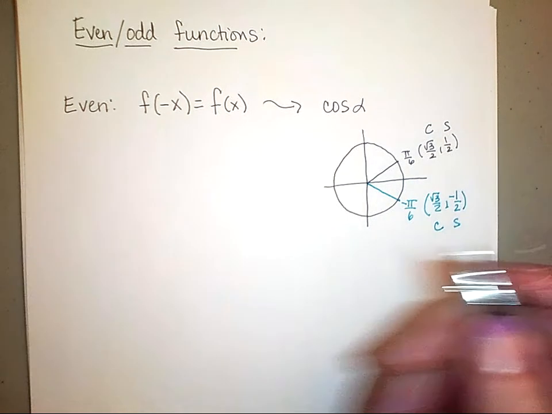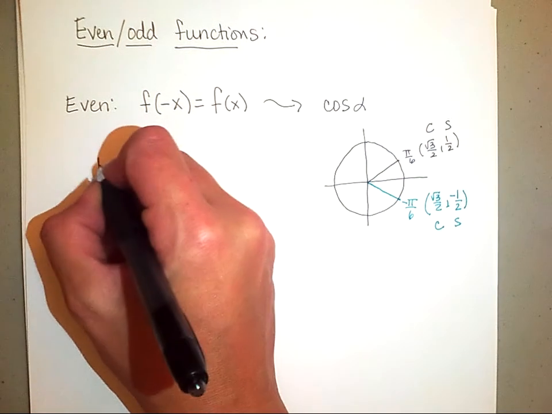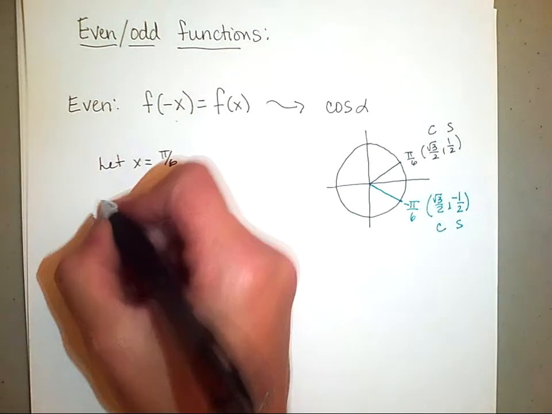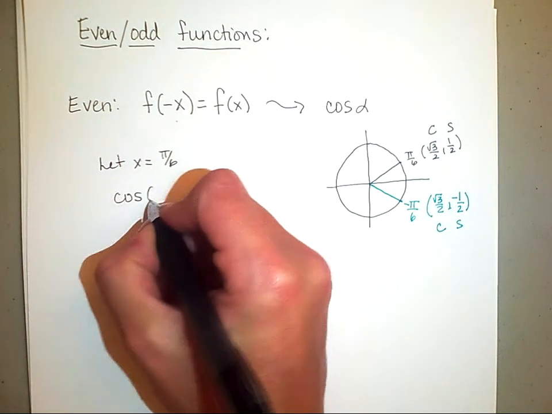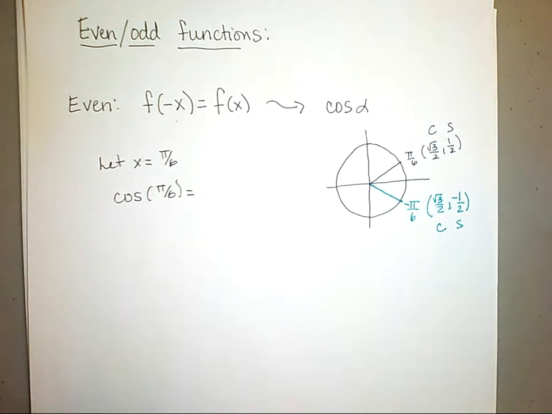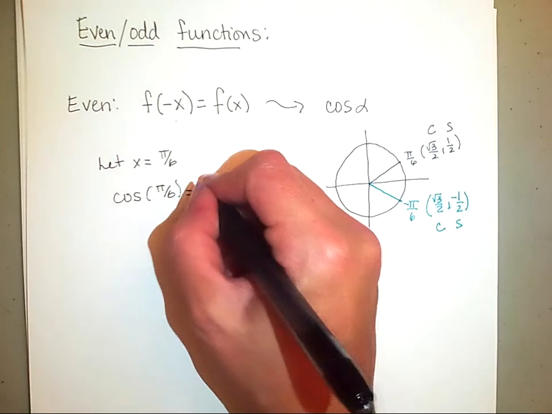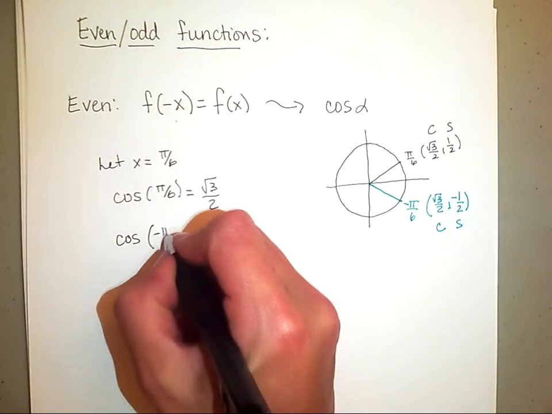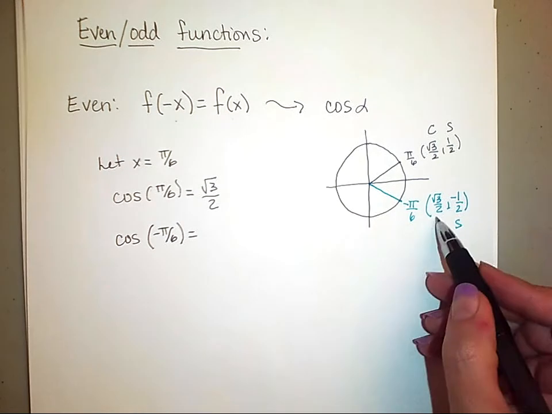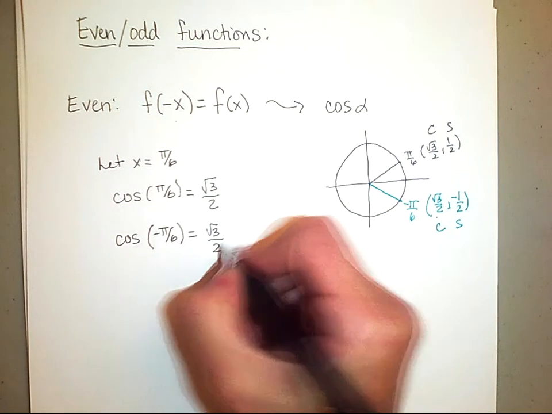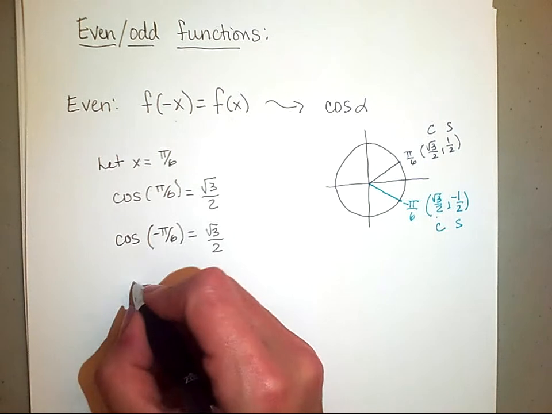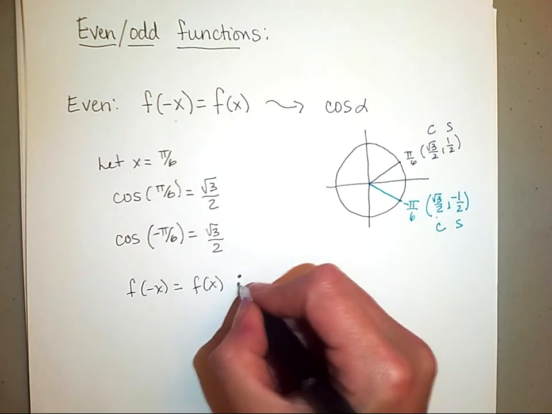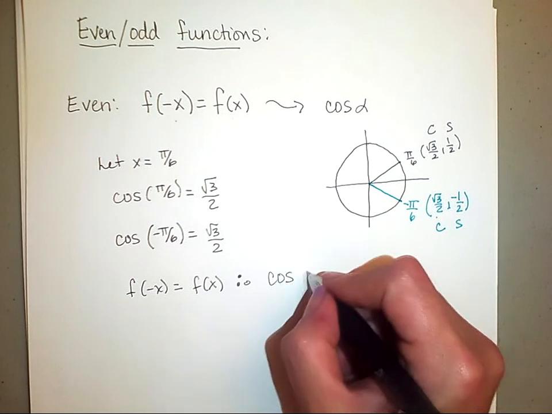So we're going to let x from this function be pi over 6. Then the cosine of pi over 6 is equal to square root of 3 over 2. And the cosine of the negative angle, negative pi over 6, is also square root of 3 over 2. So in this way, f of negative x is equal to f of x. So therefore, cosine of alpha, your angle, is even.